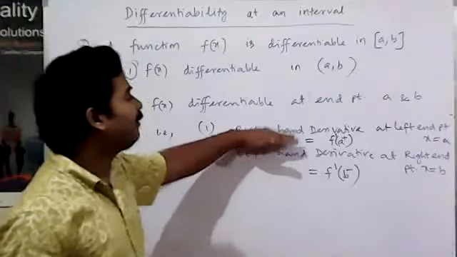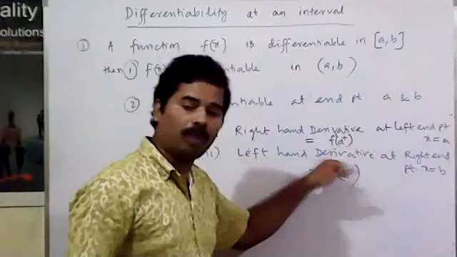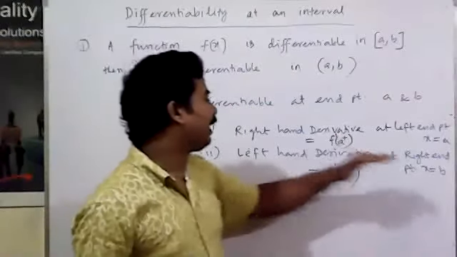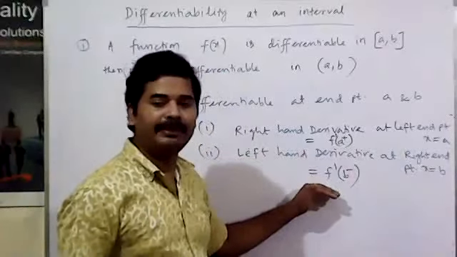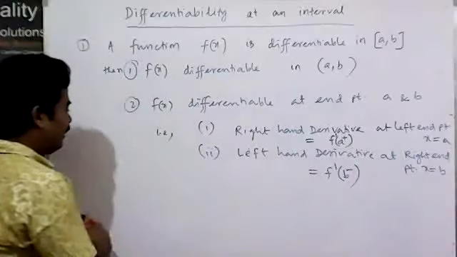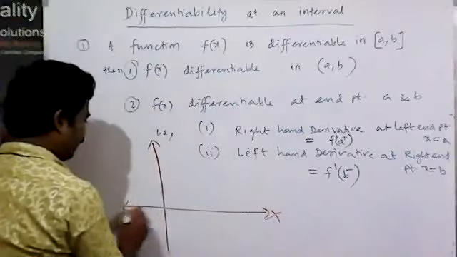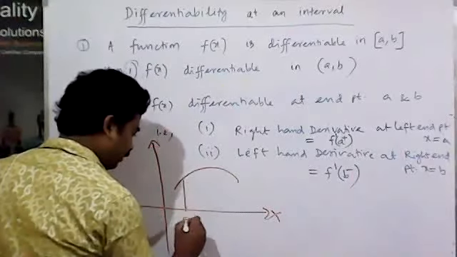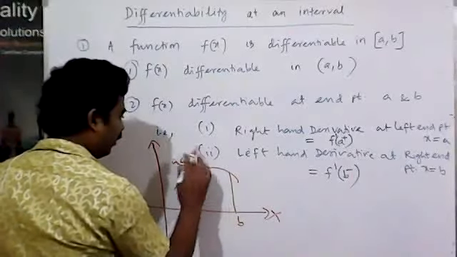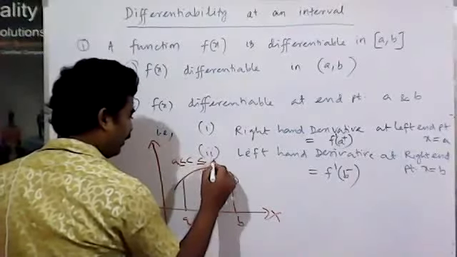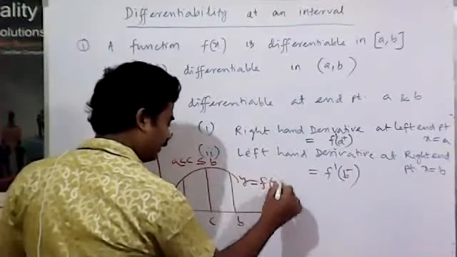That means the right hand derivative at the left end point x equal to a, that is f dash a plus, and the left hand derivative at the right end point x equal to b, that is f dash b minus. If you take the graph, this is a curve, this point is a, this point is b, here a is less than c, and c is less than b. This is y is equal to f(x).